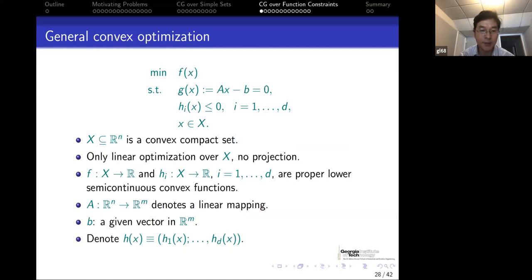Capital X is a convex compact set, and we can only do linear optimization over the feasible region X, and we don't want to do projection. f and h are proper lower semicontinuous convex functions, and g is a linear mapping. For simplicity, we also denote h(x) as the set of these functions h_i.